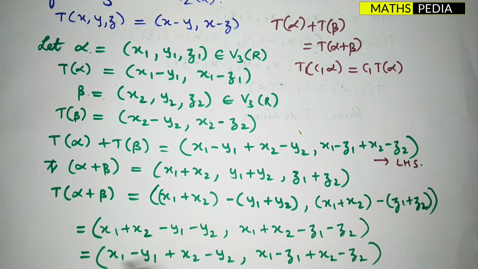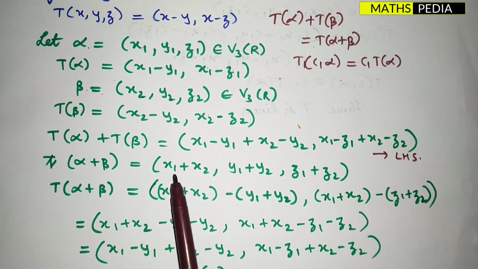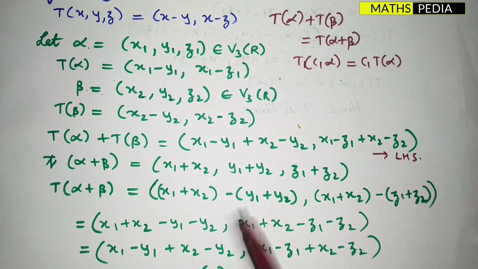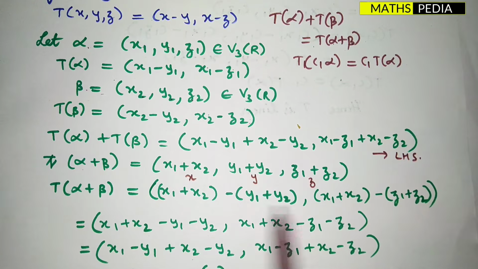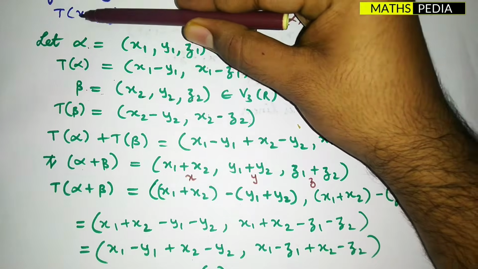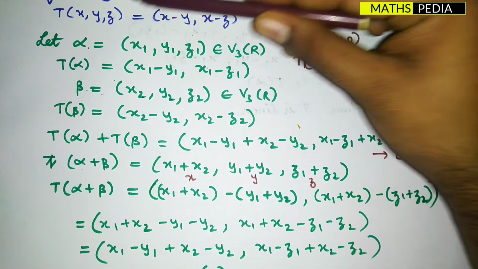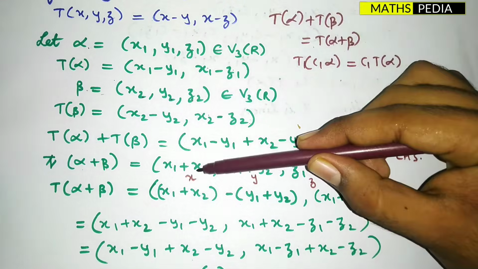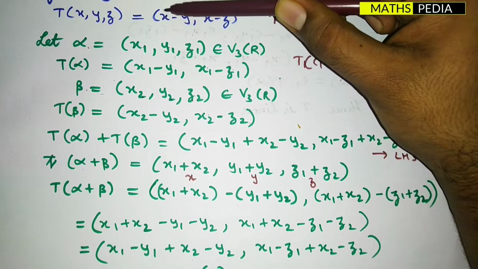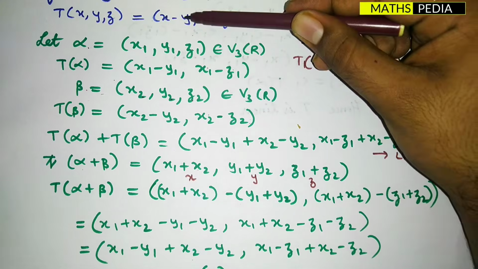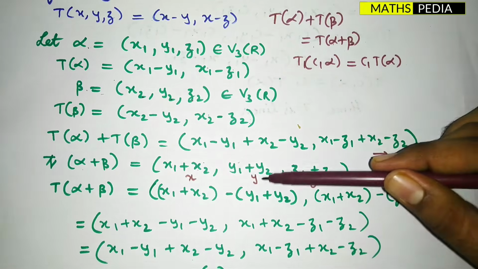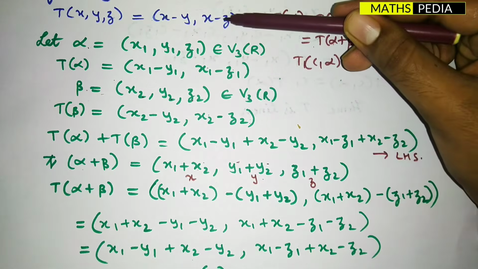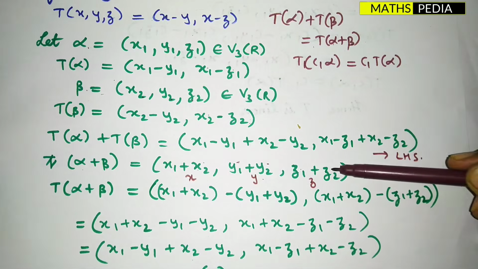Then for T of alpha plus beta, always remember to treat this part as x, this as y, this as z, and replace x comma y comma z: x is x1 plus x2, y is y1 plus y2, z is z1 plus z2.